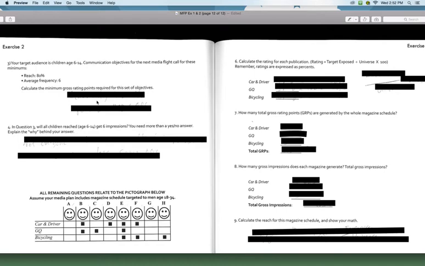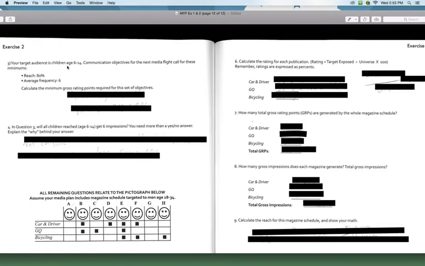And I will add an answer key that's going to be much cleaner than my writing ever will be, namely because it's typed. But for this particular one, they actually show a curve of how the impressions and average frequency work in this case.